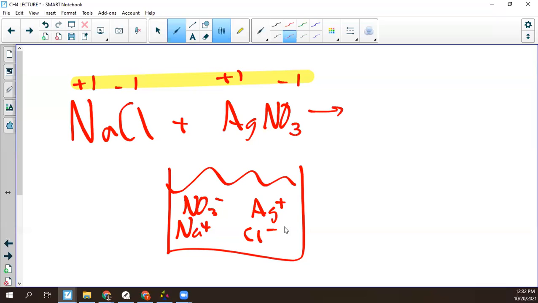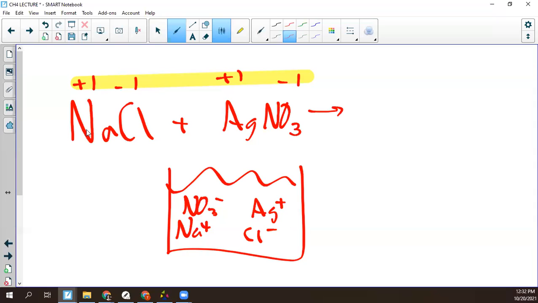If I put 2 clear solutions in and I don't see anything happen, then nothing happened. If I put 2 things in and a color change happens or precipitates form, then something happened, which means these switched partners.